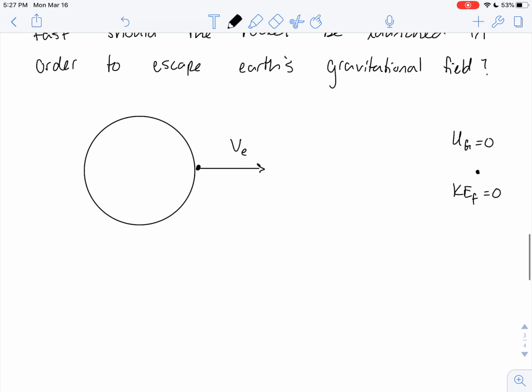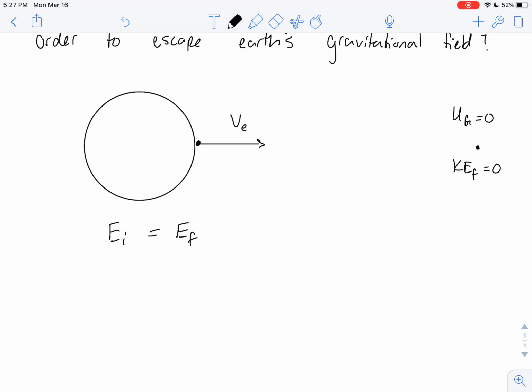Okay, so if we apply conservation of energy, we're going to have E initial equals E final. Once we launch the rocket initially, there are no more external forces to push it.